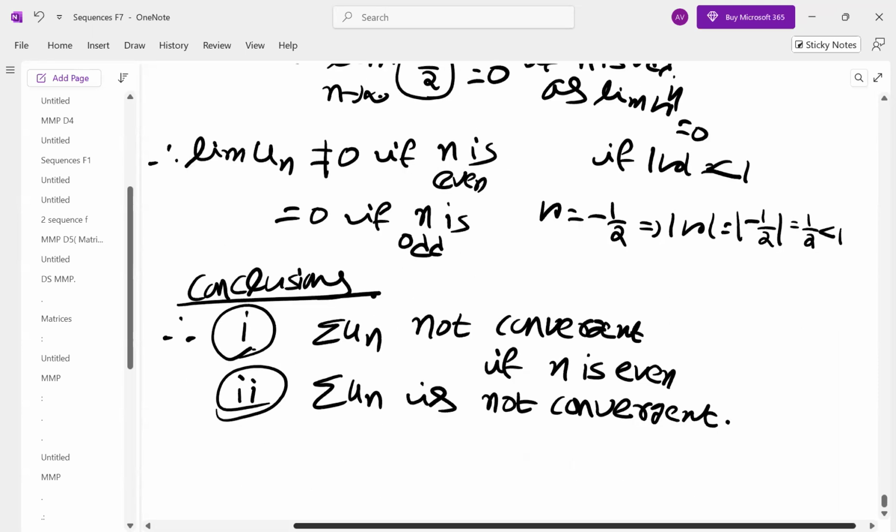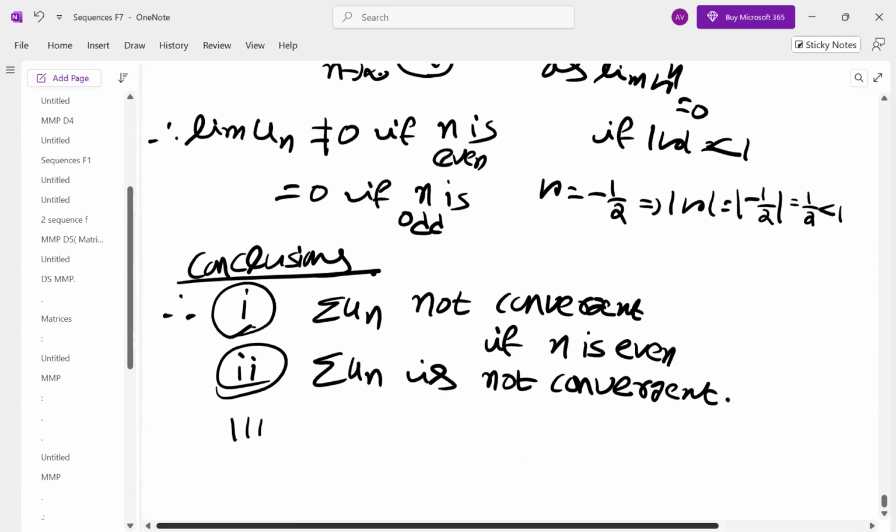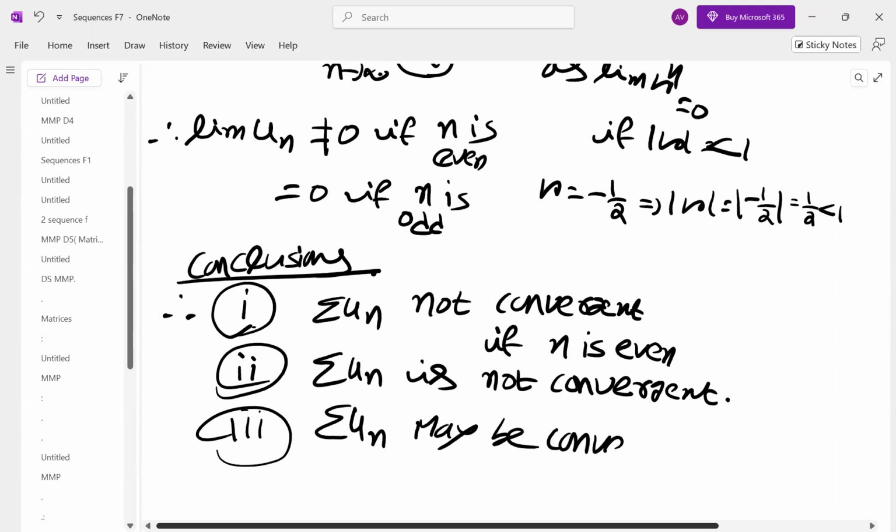Next, number 3. When n is odd, you are getting 0. If you get 0, don't conclude convergent. Maybe convergent, so you need to do further investigation.